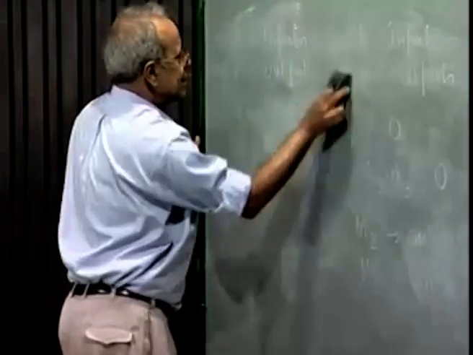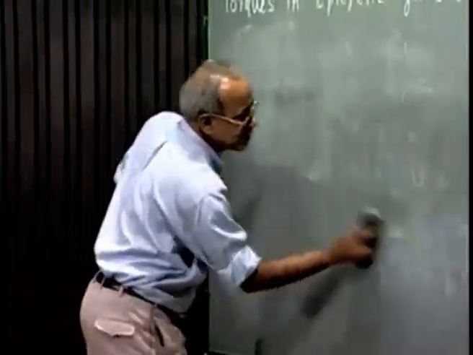Now that we have explained how to analyze these epicyclic gear trains, as far as the kinematics is concerned, that is how to obtain the speeds of different gears. What is the difference between gear train and gearbox?